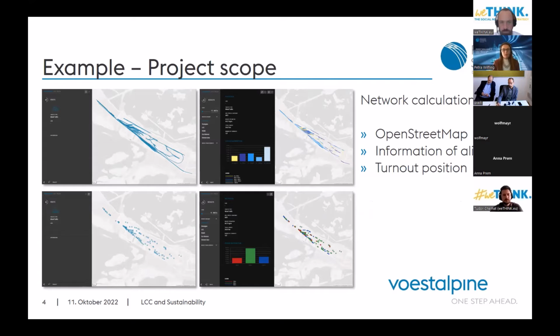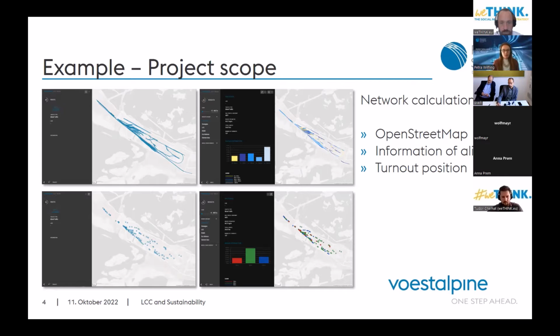Here, for example, you see the production factory in Donawitz, where the rails are produced. And on the left-hand side, you see the project scope, so really the entire network of the production site. Our tool is using OpenStreetMap to get the data of the whole infrastructure network.